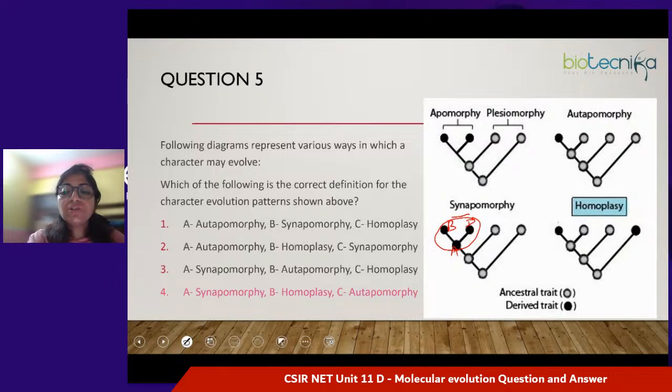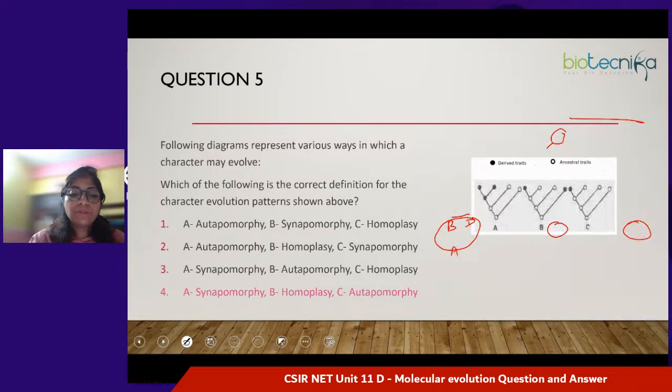Now, the situation where the same derived character evolves in two different species which do not share the most recent common ancestor is called homoplasy. And the third one has only one uniquely derived character, whereas all others have the ancestral character only. So this is autapomorphy, a uniquely derived character. So that's why the answer is option 4.